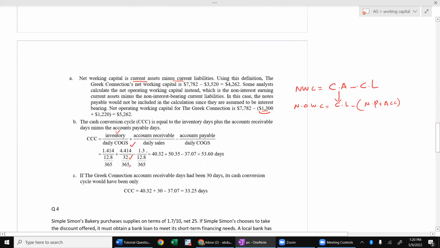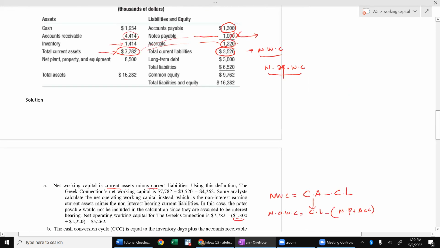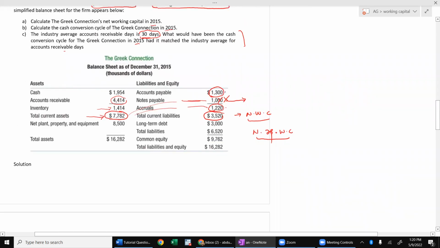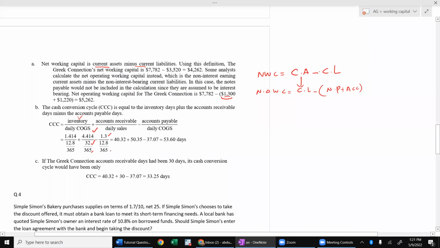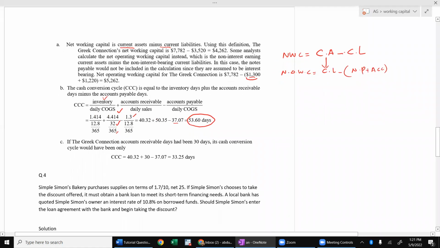Similarly, account payable is 1.3, they have rounded it, 1.3 divided by 12.8, and the answer is 37.07. If you add them all and subtract payable, you will get this answer. So this is the cash conversion cycle. The question is saying that if the receivable days are the 30-day industry average, what will be our answer?